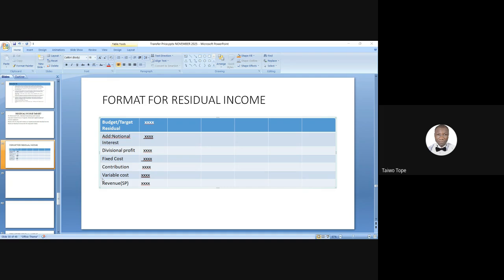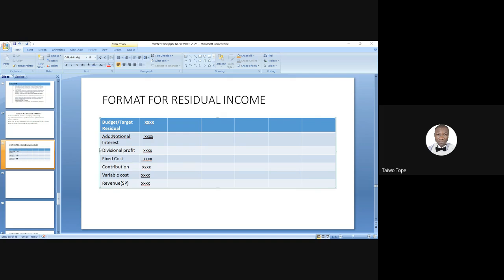It is the internal revenue that is left. You now divide that revenue by the quantity you want to give out to the division within your organization to determine the target transfer price, the required transfer price that will make the organization meet its target residual income.